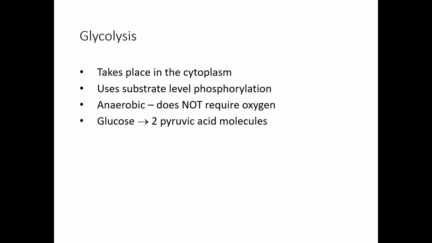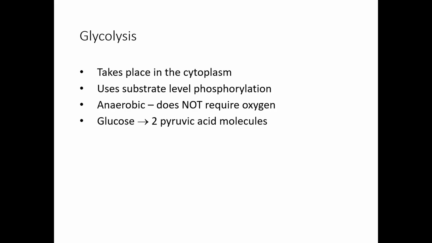So glycolysis in the cytoplasm, substrate level phosphorylation. Remember, we use the dehydrogenase enzymes, and we strip hydrogens and electrons off the glucose, and we transfer that energy with the enzyme to the third phosphate to form ATP. It's an anaerobic process, doesn't use oxygen.